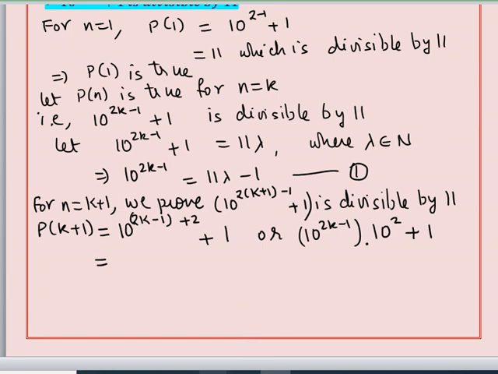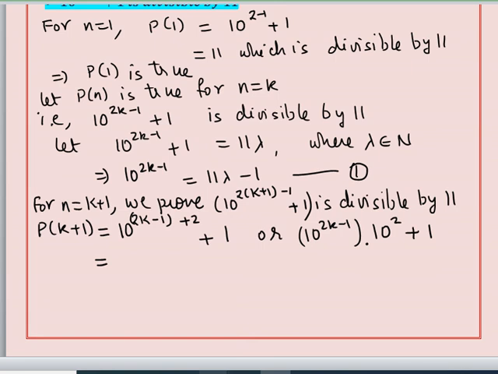See how we can write the exponent of 10. If you see, the exponent of 10 is 2k plus 2 and then minus 1. So again the terms in the exponent are rearranged. We have written it as 10 to the power 2k minus 1 taken together and plus 2 separately. Then we also have another term which is getting added to it, that is 1.